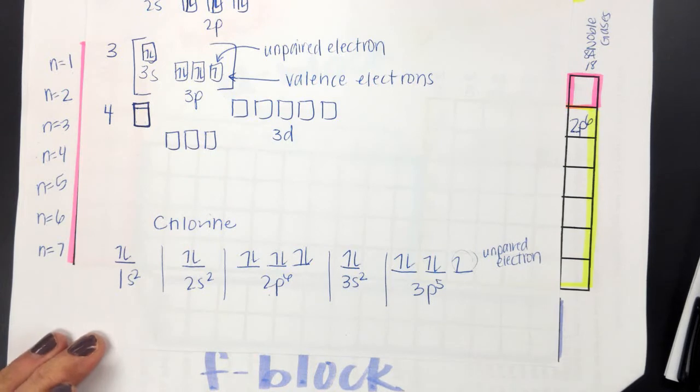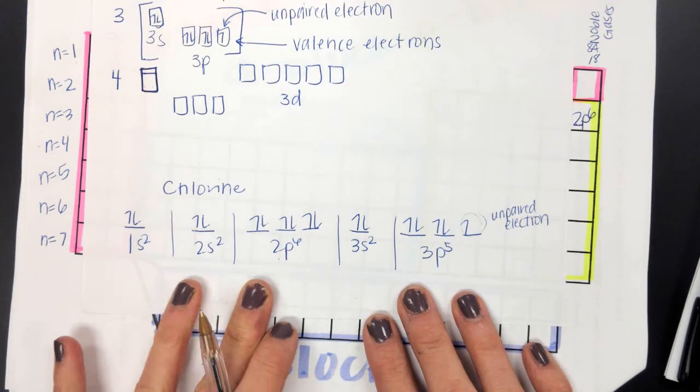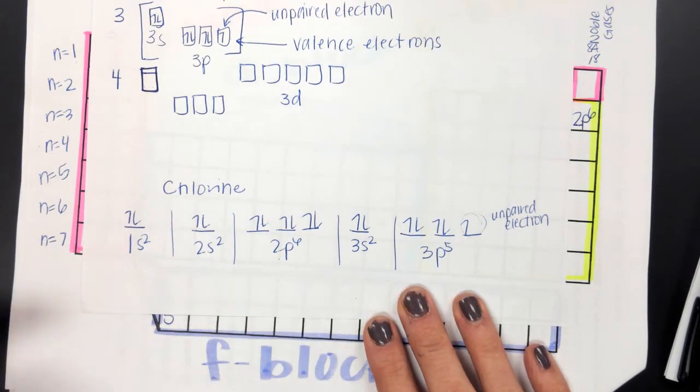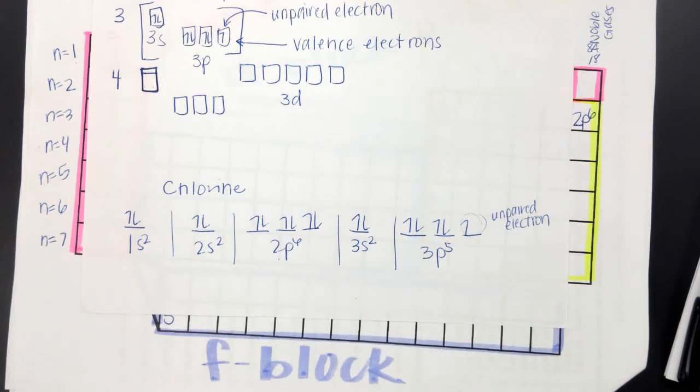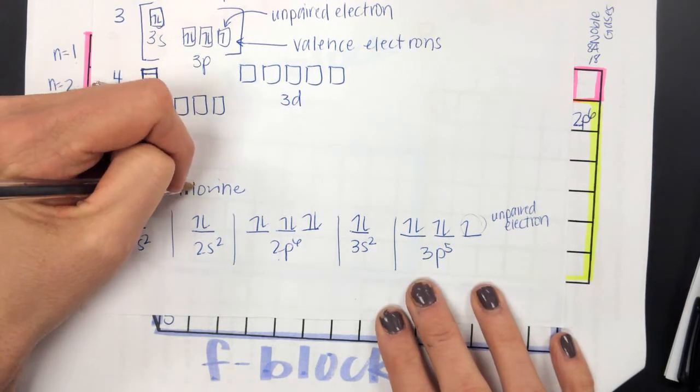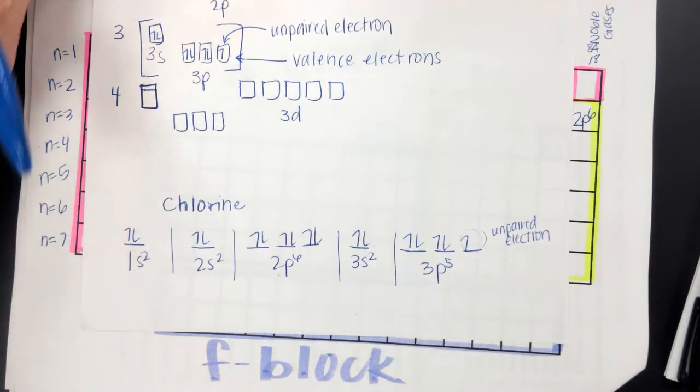So why don't you try, I'm going to jot down a few elements, and then you try to do their orbital diagrams, and feel free to come get help from me. Okay?